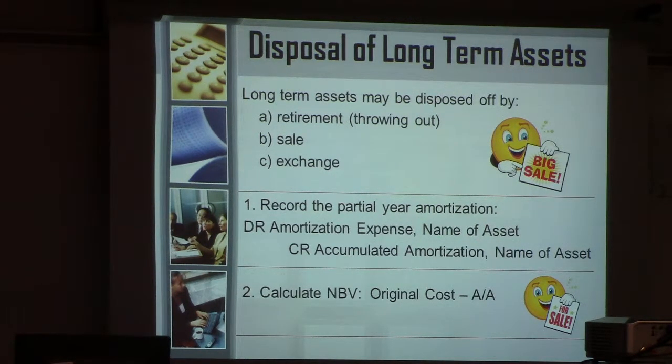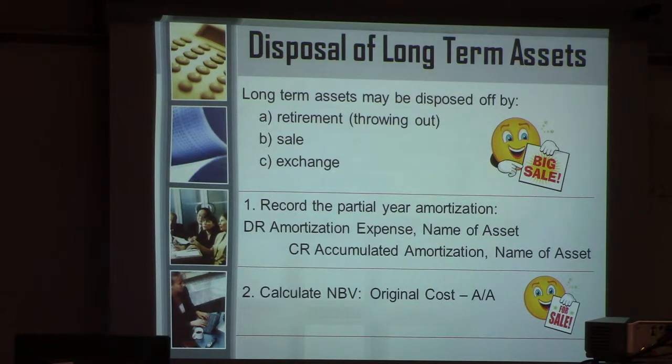If there was a gain, you would take the cash and debit it, which is the proceeds of sale, which is the proceeds that you received. You would also debit all the accumulated amortization, because you're getting rid of the asset, so you are making that accumulated amortization a balance of 0.